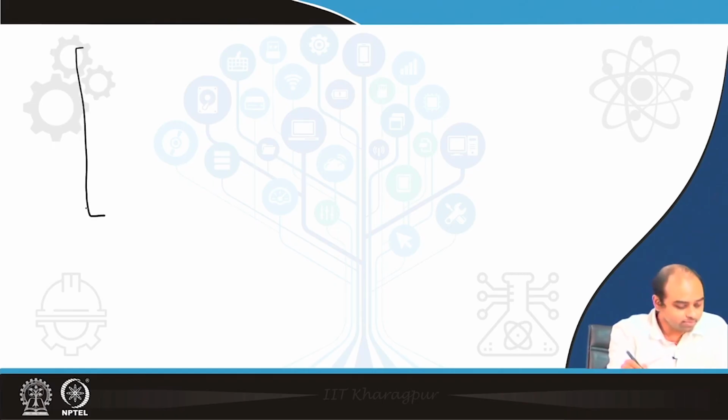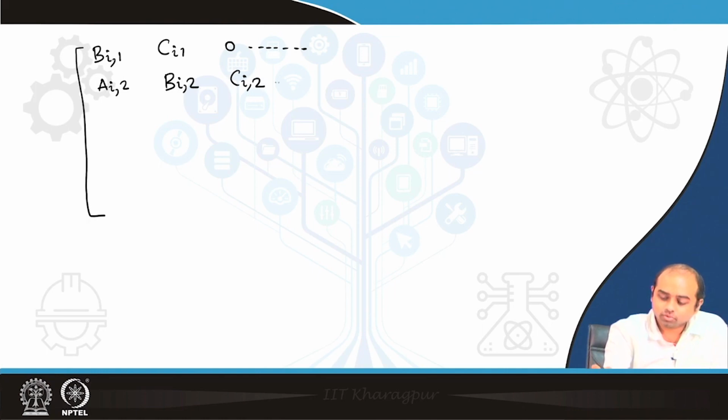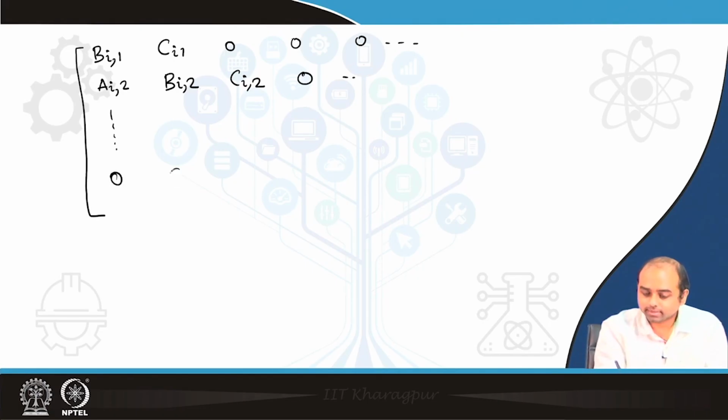In the tridiagonal matrix, I have the first term as bi1, ci1. This will go on. Then I have ai2, bi2, ci2, and then you have zeros. Right. So this will continue, and let us write down the n minus 1 stage.